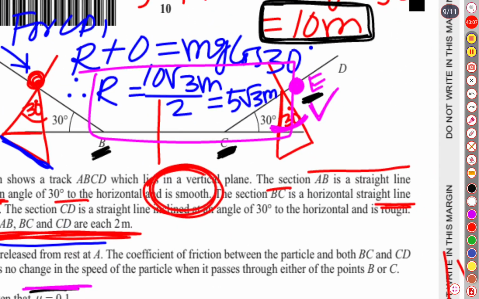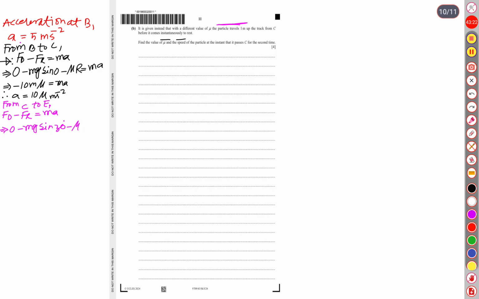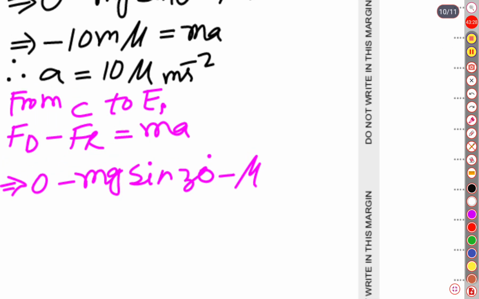For C to E, R was 5 square root of 3 m. So let it be inserted: mu into 5 square root of 3 m, and the right side is just ma.